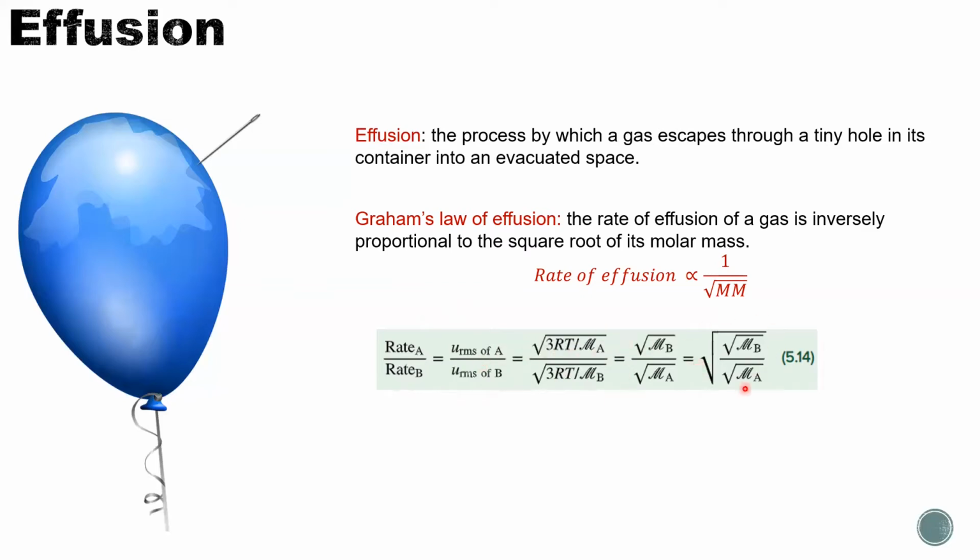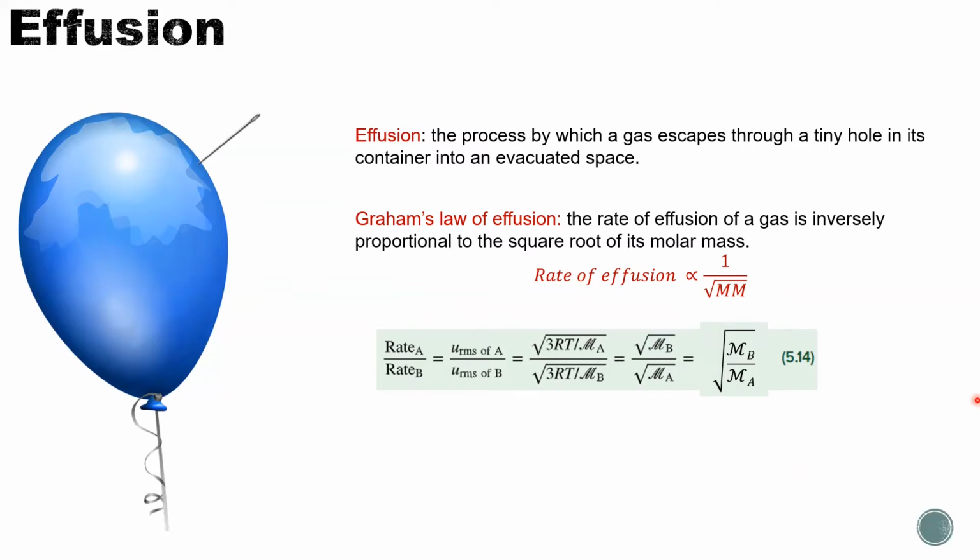And finally, the last step, it's wrong. The last step, rate A over rate B, should equal the square root of the molecular mass of B over the molecular mass of A. What's written in the textbook was wrong. It gives you another square root.